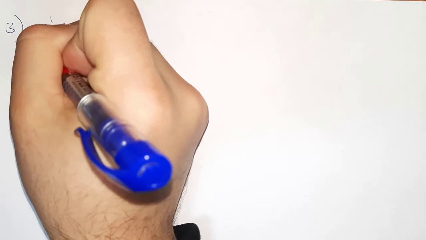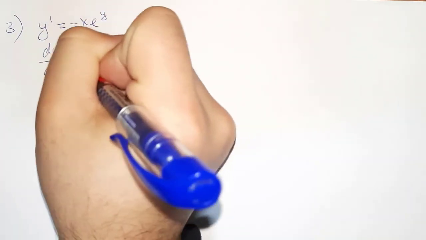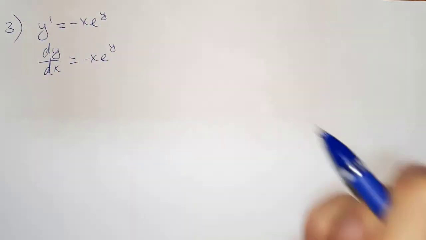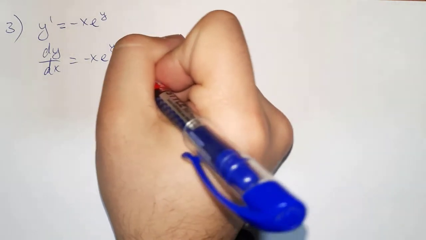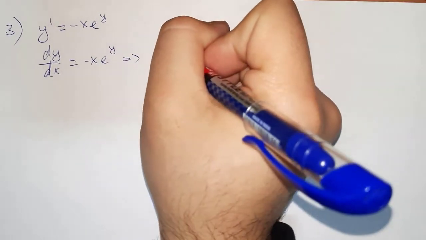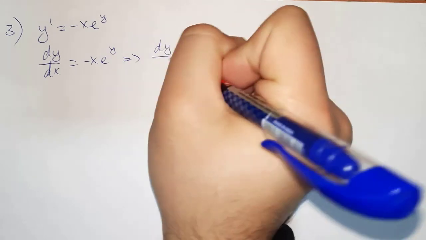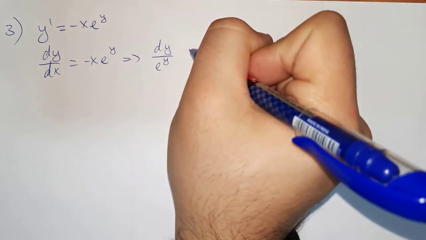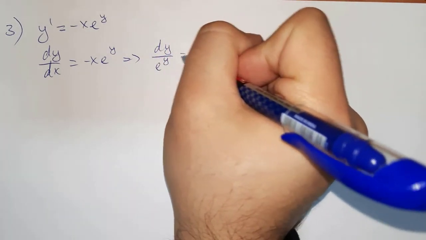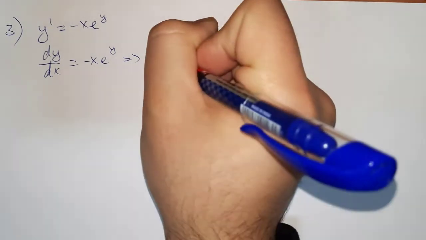So it will be dy over dx equals minus x e to the power of y. Hence we get dy over e to the power of y equals minus x dx.